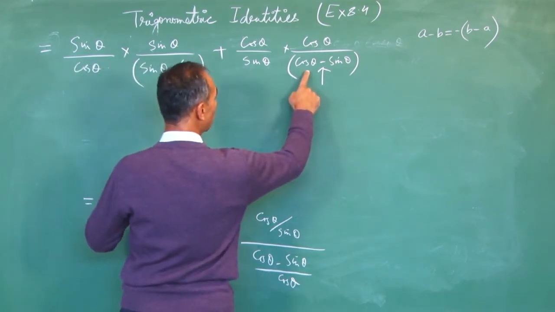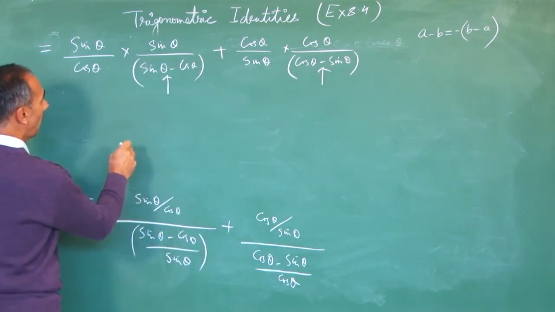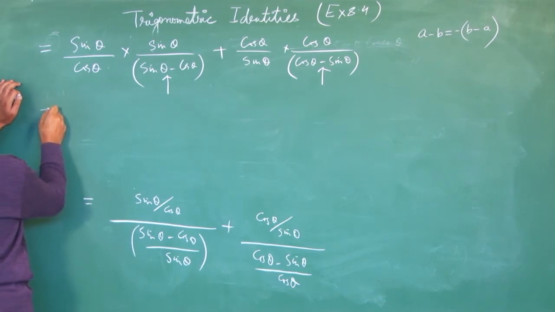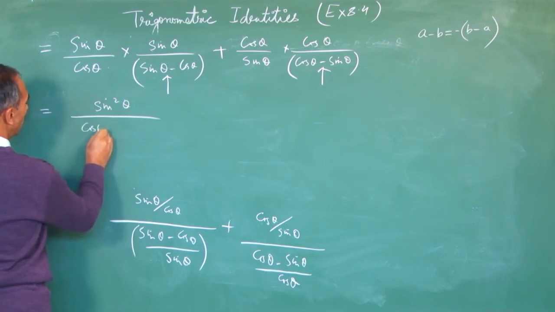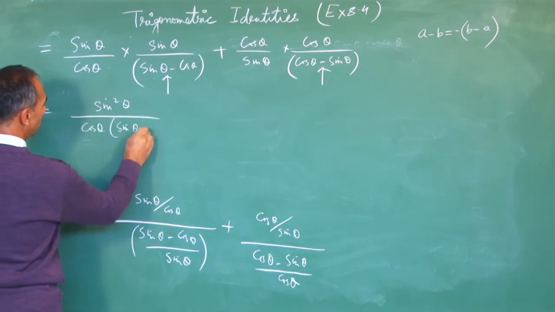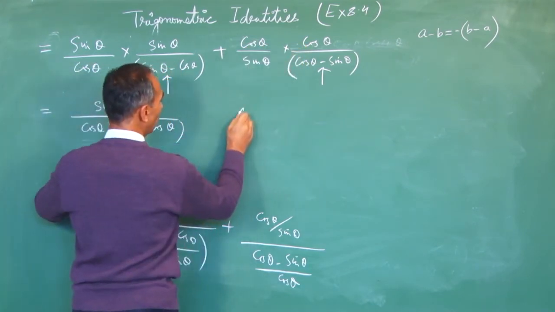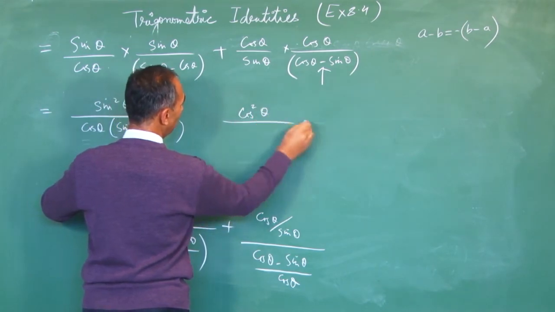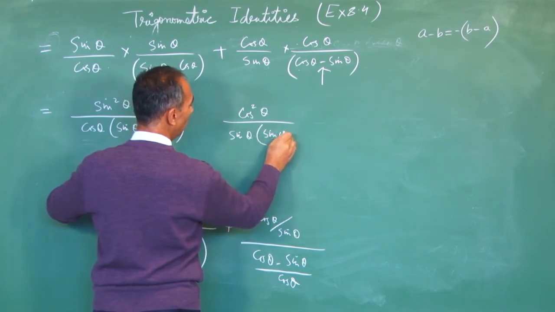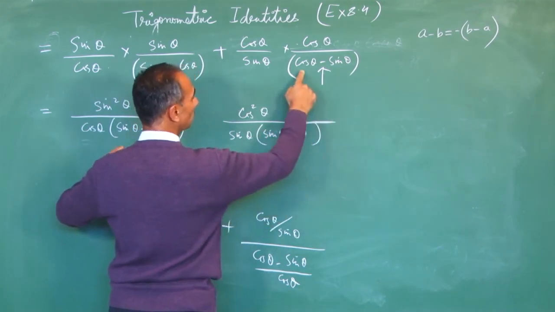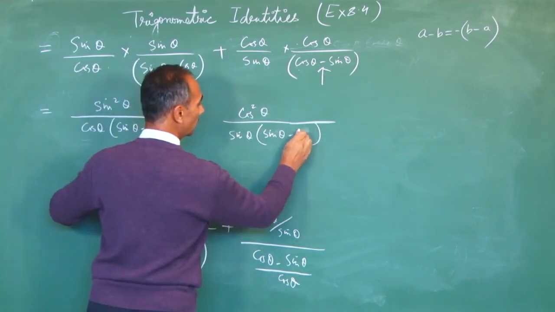So I will express this as minus times sine minus cos, then take sine minus cos common. Right? So I will write this as sine square theta divided by cos theta into sine minus cos as it is. And here this will be cos square theta upon sine theta. This B minus A I am writing as A minus B, but minus times. Cos minus sine is minus times sine minus cos.